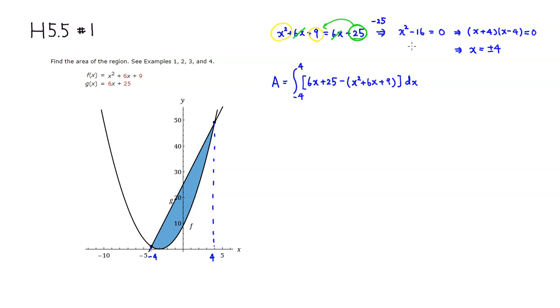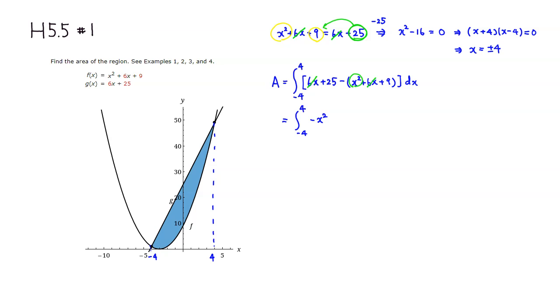Let's clean it up a little bit. 6x minus 6x cancel out, and not much else. So you have the integral from -4 to +4. There's going to be a negative x squared, so I'm going to put the minus x squared.